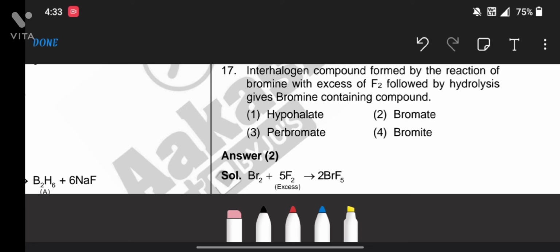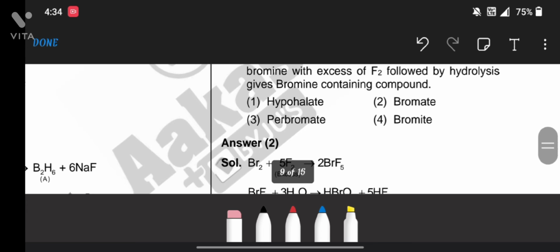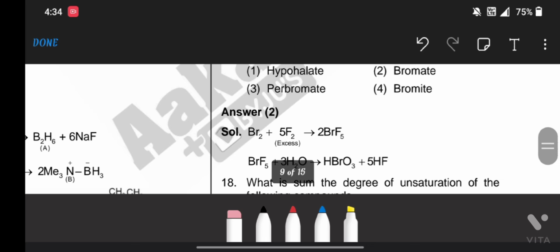Now, the reaction: the interhalogen compound is formed by the reaction of bromine, Br2 plus 5F2 gives 2BrF5. After this, BrF5 plus 3H2O gives HBrO3 plus 5HF.